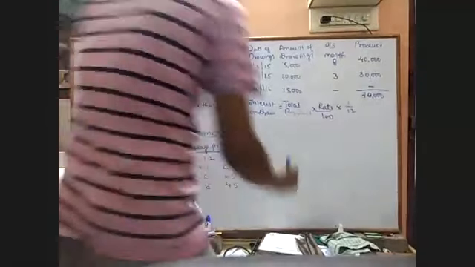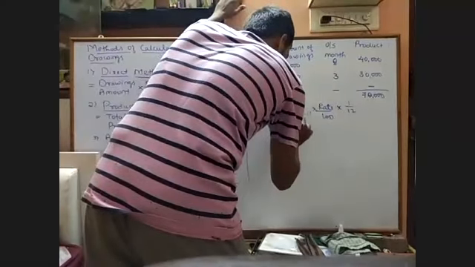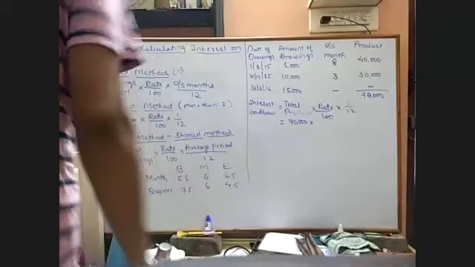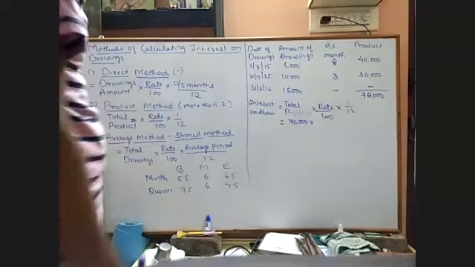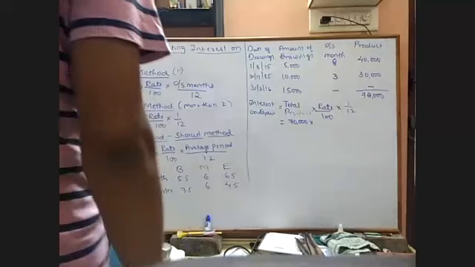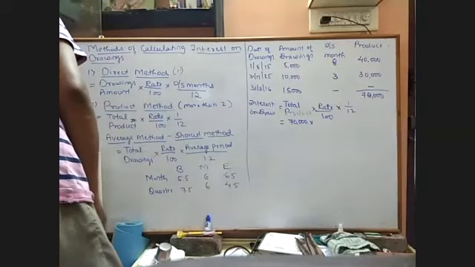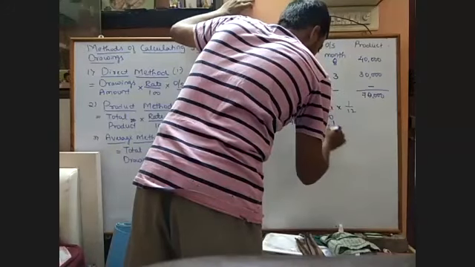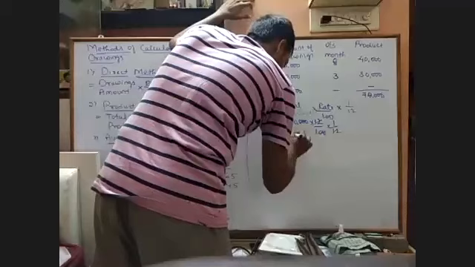Oh sorry, it is total product only. Now, the total product is 70,000, into rate divided by 100. Rate is how much? 12%. Into 1 by 12. So 12 cancels, and that comes to 700. Please note this.